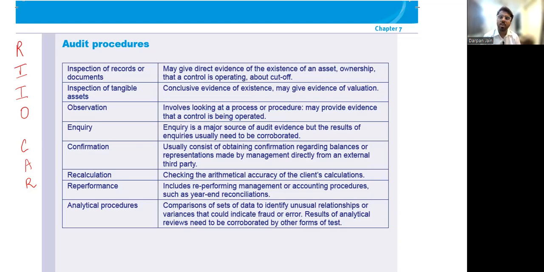So what can you do in order to check whether that amounts are correct or not? You can go to the banker. You can ask for external confirmation from them. You can get a written confirmation letter from them as to what was the amount of the balance as at the year end. The banker also accounts for all the transactions and they will also have a balance as at the year end, right?